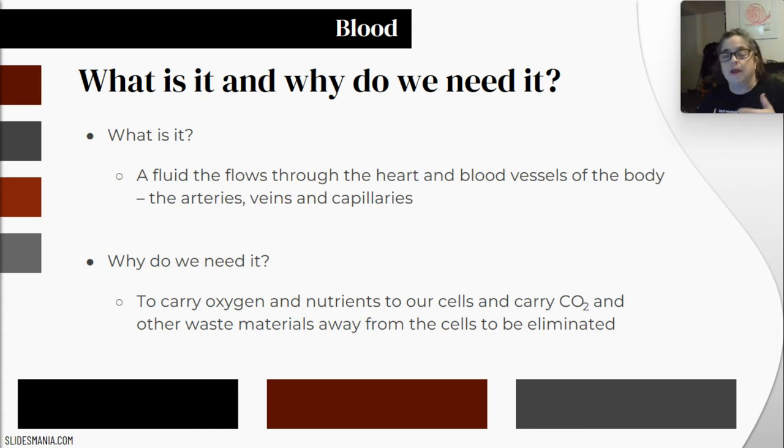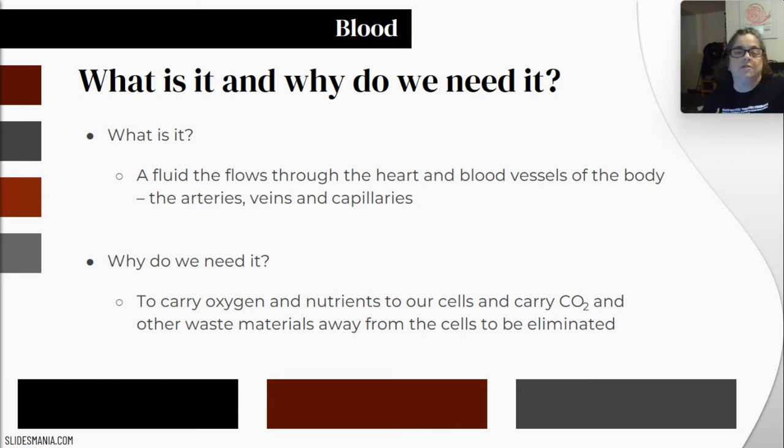So that trade-off happens in the capillaries of the lungs and then in the capillaries near the cells. In the lungs, the blood can pick up oxygen that our cells need in order to do cellular respiration.